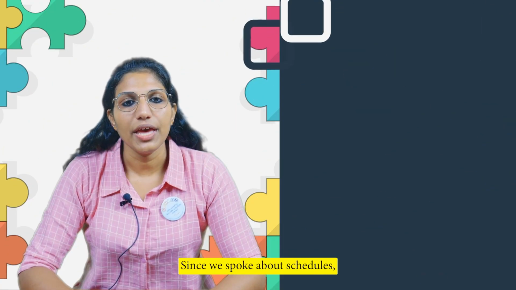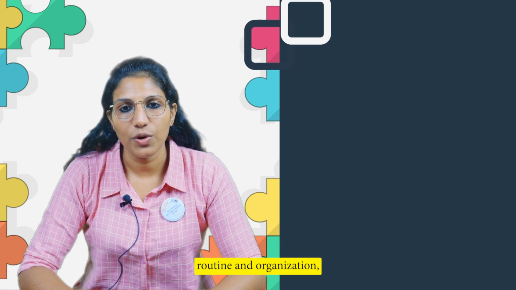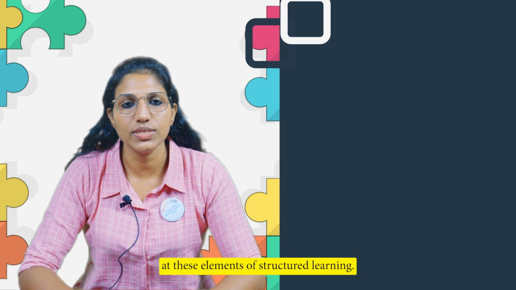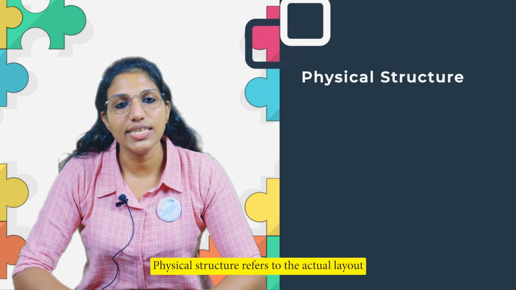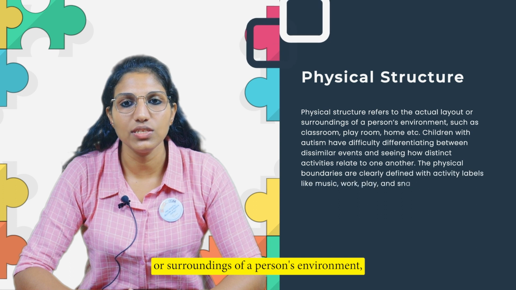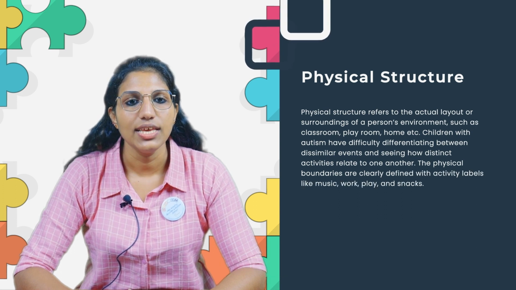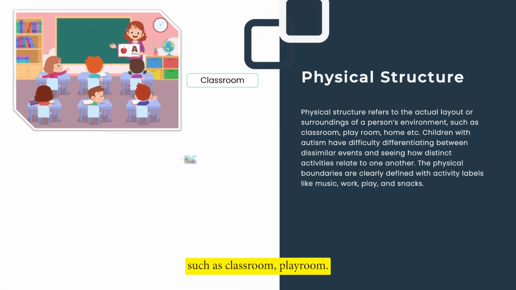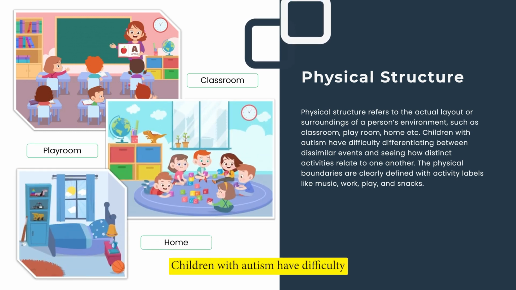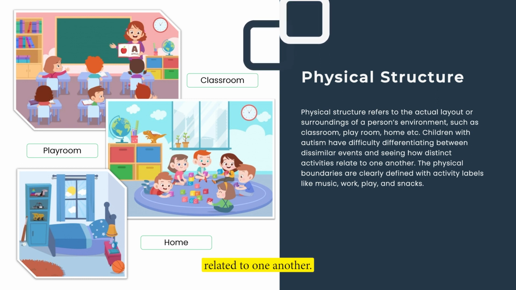Since we spoke about schedule, routine, and organization, we will also take a look at these elements of structured learning. Physical structure refers to the actual layout or surroundings of a person's environment, such as classroom, playroom, home, etc. Children with autism have difficulty differentiating between dissimilar events and seeing how distinct activities relate to one another.